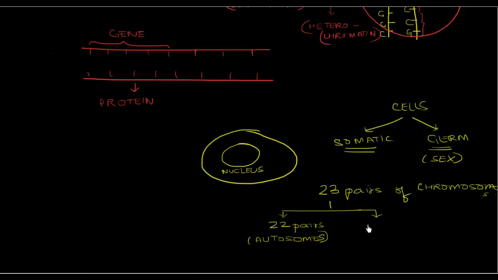But then we have this one pair which is involved in reproduction, a pair of sex chromosomes, and these are referred to as allosomes. Allosomes could be of two types, for female and male.